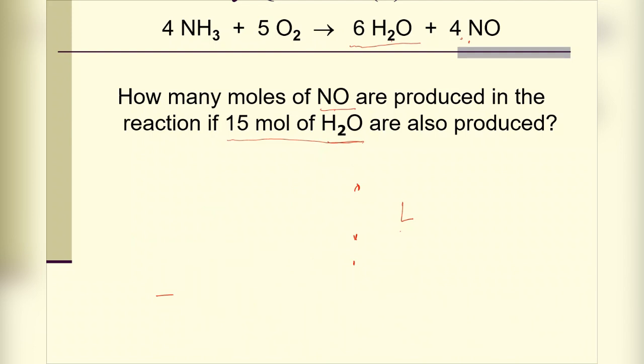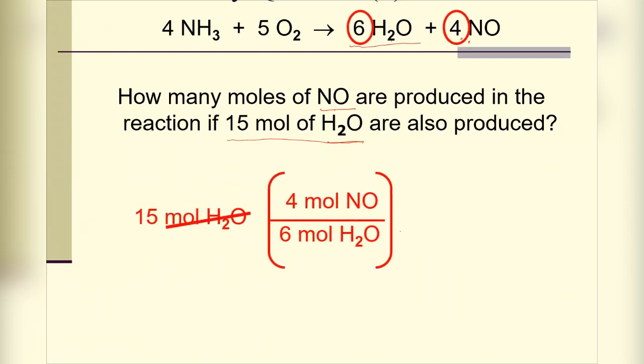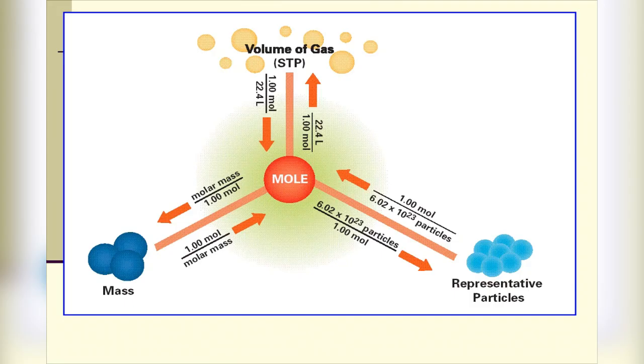Okay, let me put the other method on the screen. Any question, you may ask in the comment section. This is the volume of gas. On the top, mole is the center point.